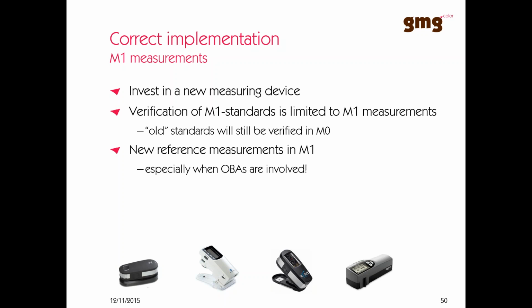When you want to measure the media wedge of a FOGRA51 or FOGRA52 proof, you need to use a measurement device capable of measuring M1, since verification in another measuring mode is not allowed, since the target values are defined in this measurement mode. If you do new reference measurements, especially when optical brighteners are involved, please use M1 if you already have a measurement device available.